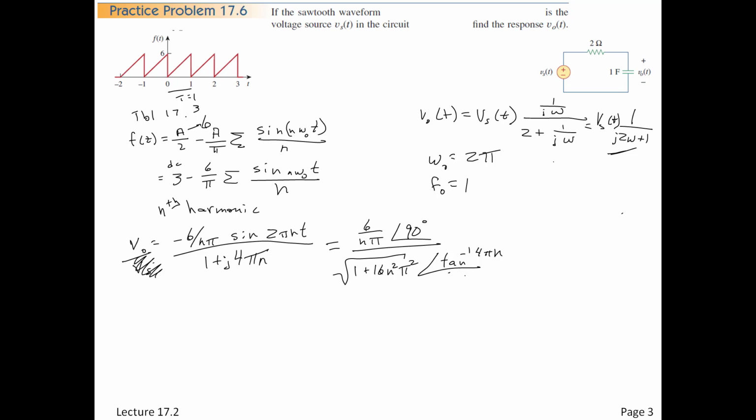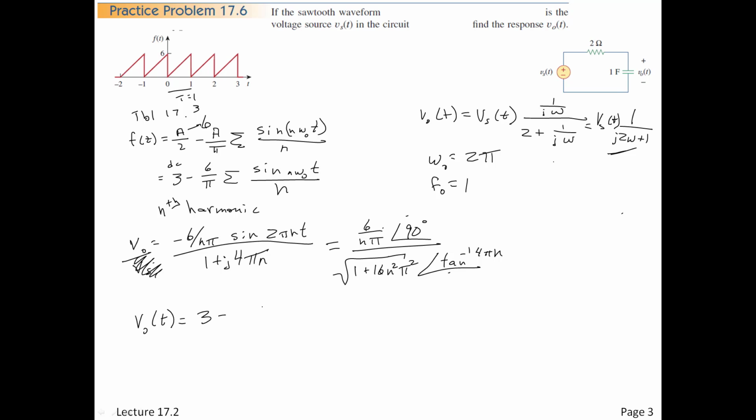So we can put this together. I suppose really I might not have needed to do this 90 degrees. I could have stayed with the minus sign on the sine. But let's put it all together then. That V out of t is, we've got our DC component, which, with the capacitor being an open circuit for DC, is going to remain 3.